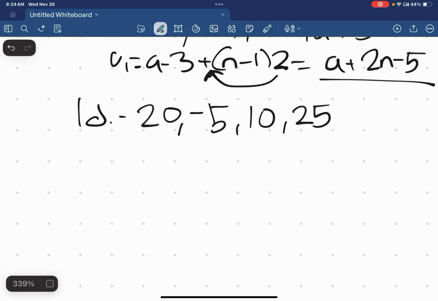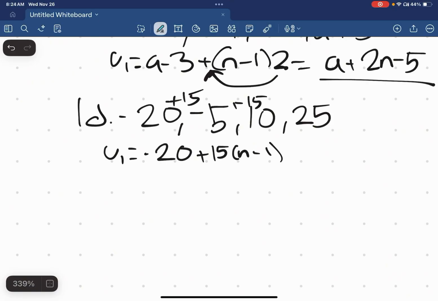We start at a negative number, but we increase. Once again, our u1 is negative 20, and our difference is plus 15 each time. So negative 20 plus 15(n minus 1). Simplifying this, you end up getting 15n minus 35.